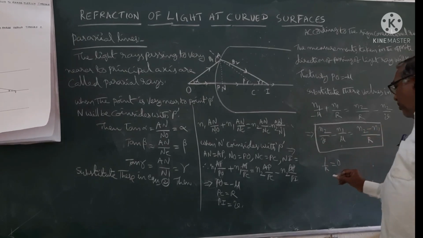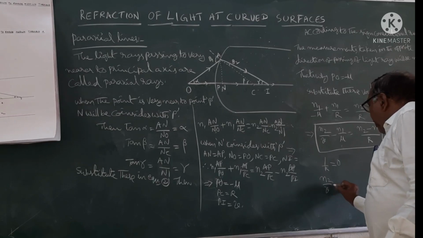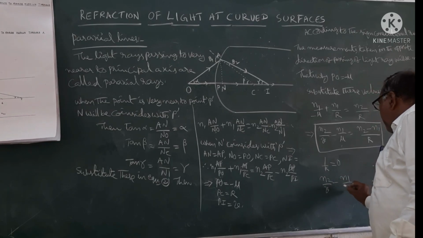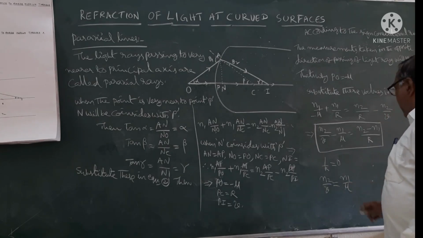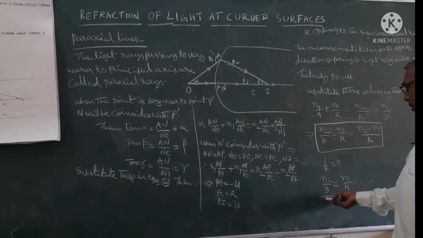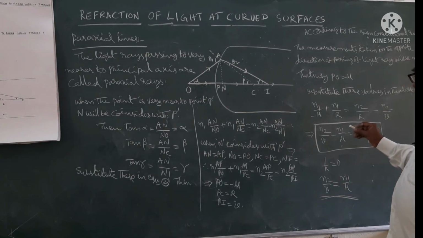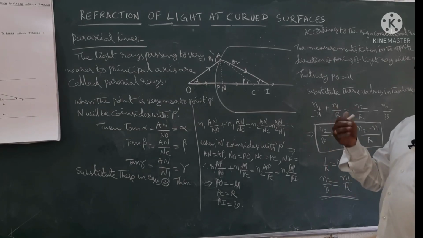Substituting, we get N2 by V is equal to N1 by U. This is the formula in the case of a plane surface.